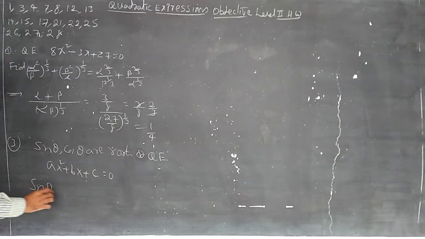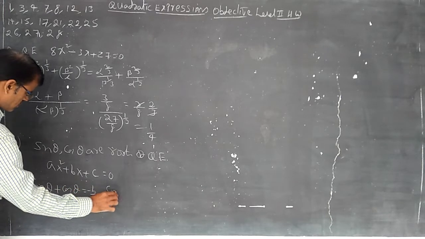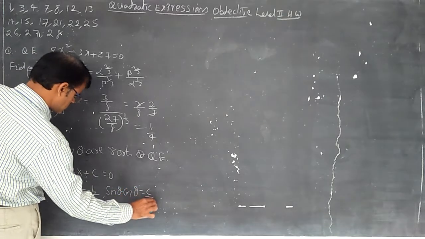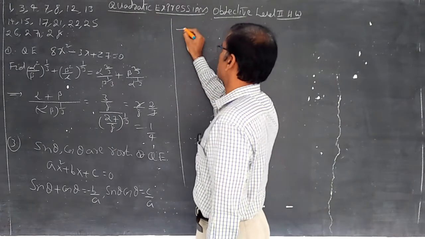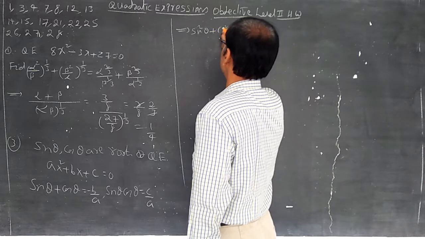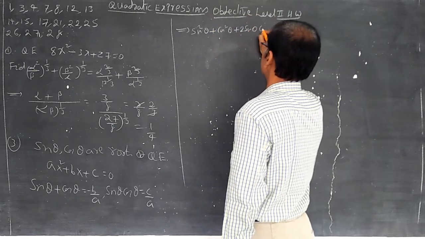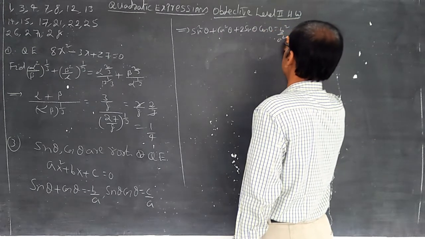Then I am writing here the sum of roots: sin theta plus cos theta is equal to minus b by a, and the product sin theta into cos theta is equal to c by a. That implies squaring the sum of roots, it becomes sin square theta plus cos square theta plus 2 sin theta cos theta is equal to b square by a square.